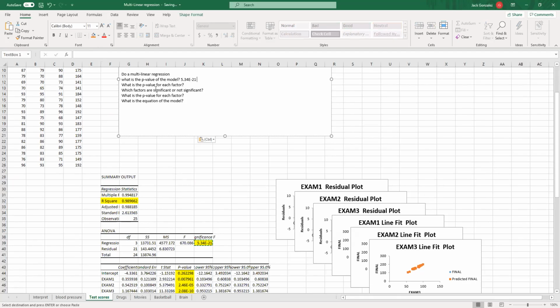P-value for each factor, that would be 0.007961. One p-value. Then 2 p-value is super small.